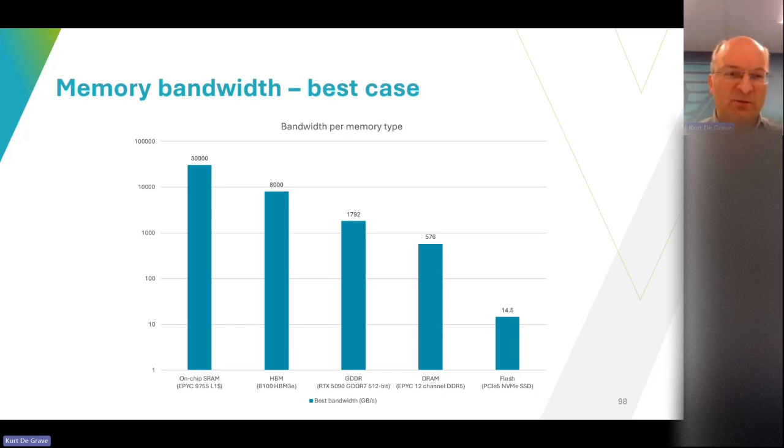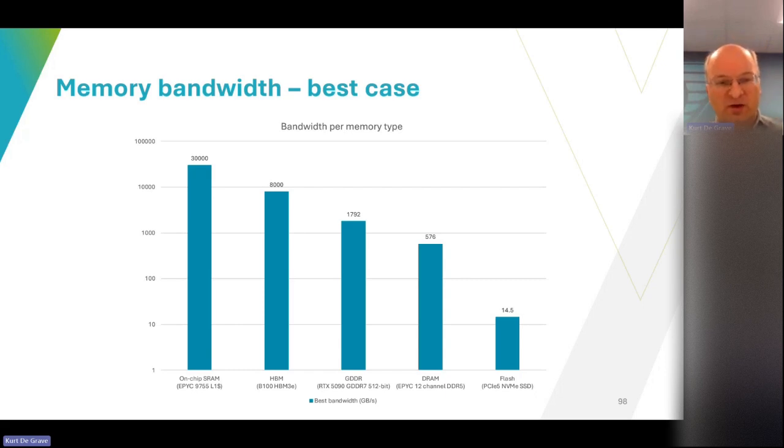And those get up to about 8 terabyte per second in a GPU. B100 has 8 terabyte per second, and MI325X has 6 terabyte per second. So those two are, I think, the highest achieved numbers so far.